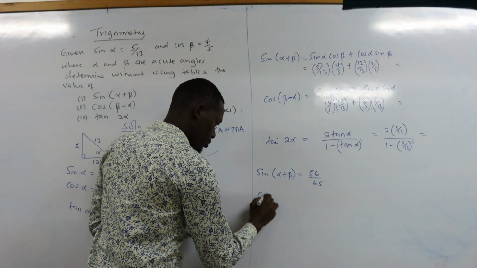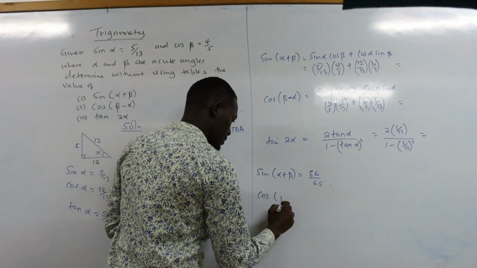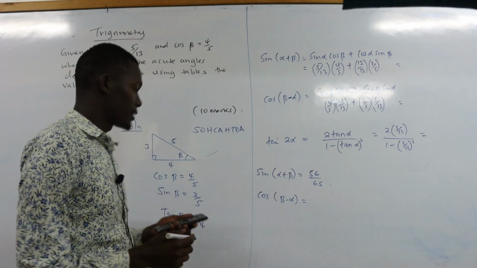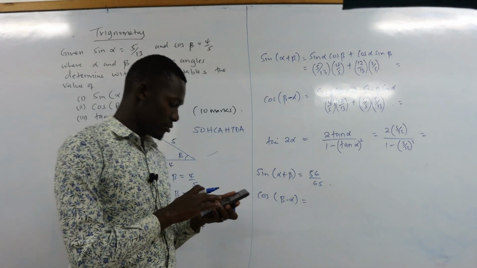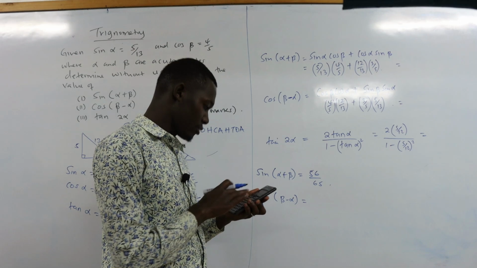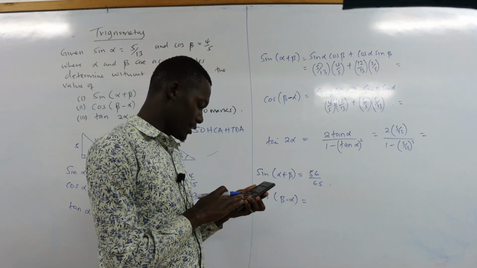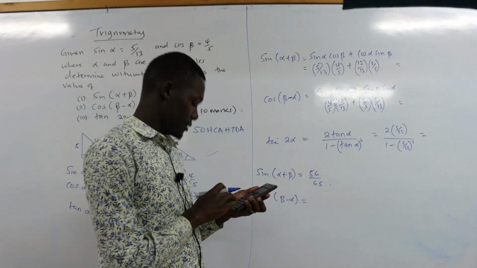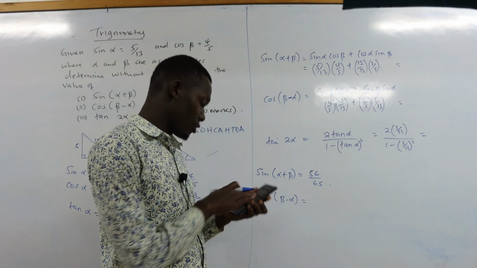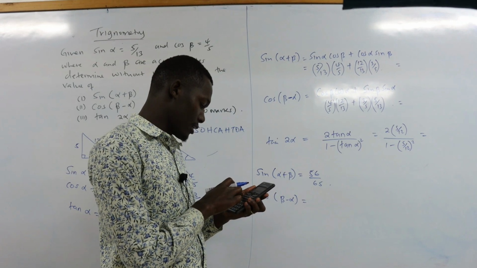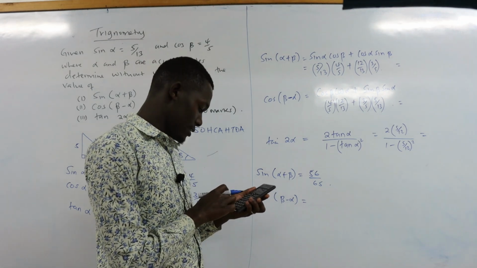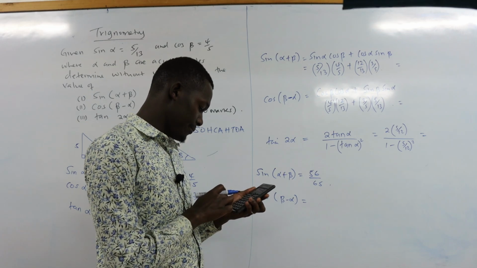Then you come to cos of beta minus alpha. Open a bracket, then you write 4/5, close that bracket, open another, 12/13, close that bracket, plus open another bracket, 3/5, close that bracket, open another bracket, 5/13.